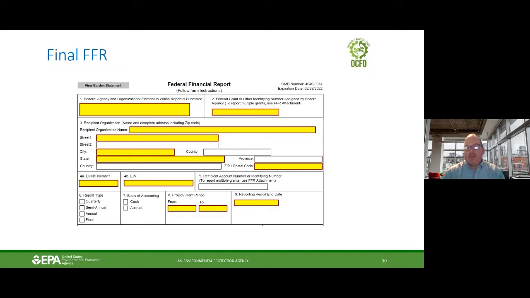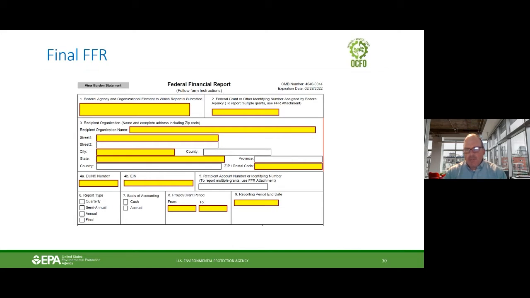Block 5 is optional, but if you're using a special identifier for your grants, it can be helpful for us if we have to call you and we're talking to an accounting person and we give them the grant number and they say, well, no, we call that something else, which might be some other identifier that you use. A lot of people actually just use the EPA grant number as their identifier in their system.